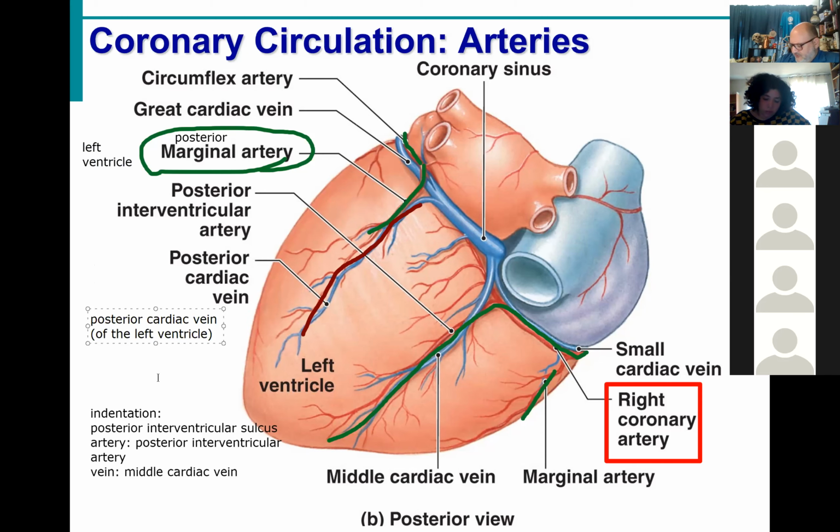So notice there's this extra blood vessel, artery, and vein associated with the left ventricle because it has a thicker muscle wall, needs more blood.